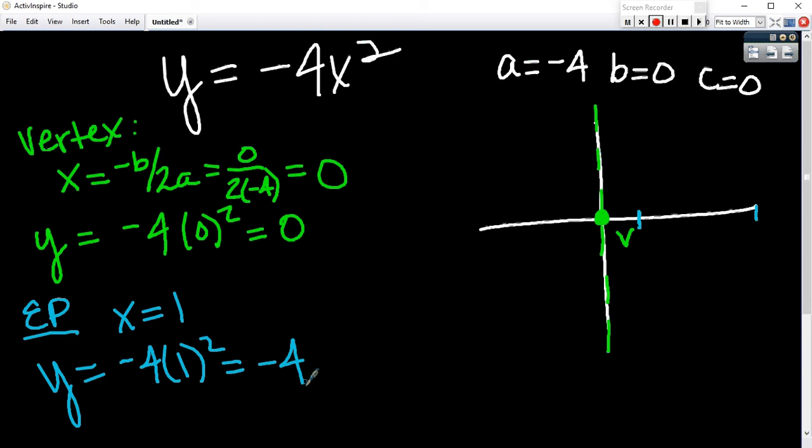So what's that point? Close, switch it around. 1, -4. X comes first. So 1, 2, 3, 4. Yep, that's the point.